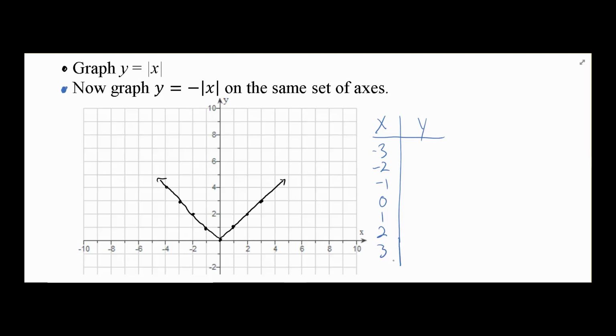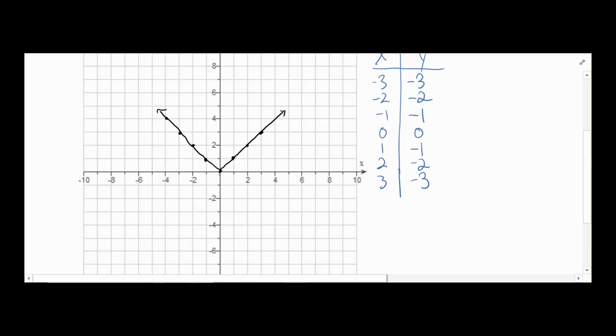But then the negative makes it negative no matter what. So this becomes negative 3. And that's what's going to happen for each of these: they become negative no matter what. So we take the same value and make it negative. If we plot those ordered pairs, we can see that we have an upside down V.